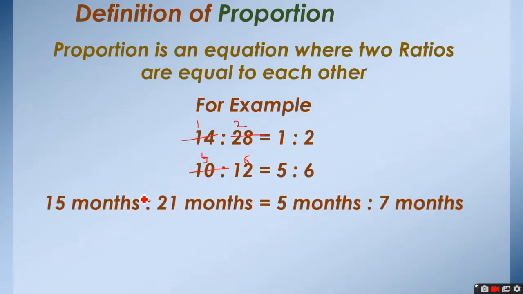Last one is 15 months ratio 21 months is equal to 5 months ratio 7 months. I've cancelled out 15 ratio 21 by 3 to get the lowest term.